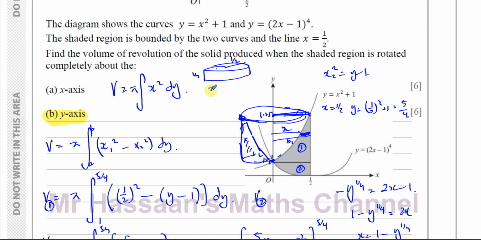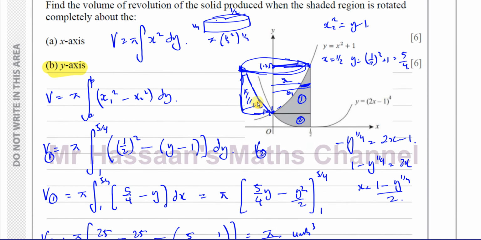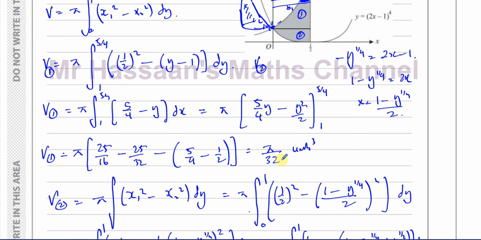Okay, so you'd have had pi times the radius squared, which is 1/2 squared, times the height, which would have been a quarter. And that would have been the volume of the whole cylinder. And then you would have had to take away the volume of this curve as it's rotated around the y-axis between 1 and 1.25. When you've subtracted those two volumes, you would have got this answer, pi over 32.